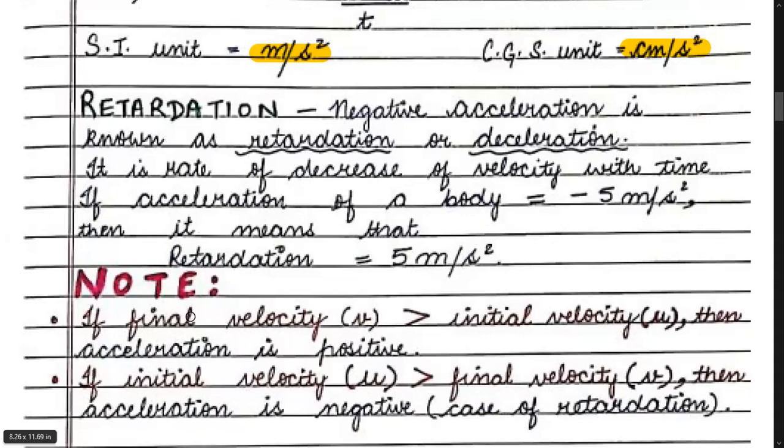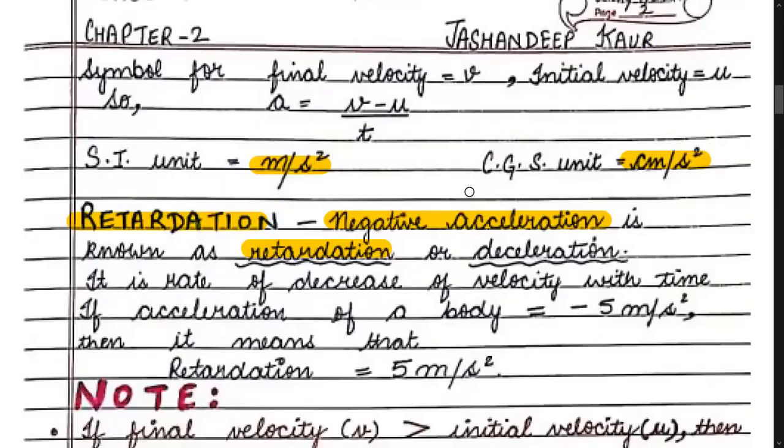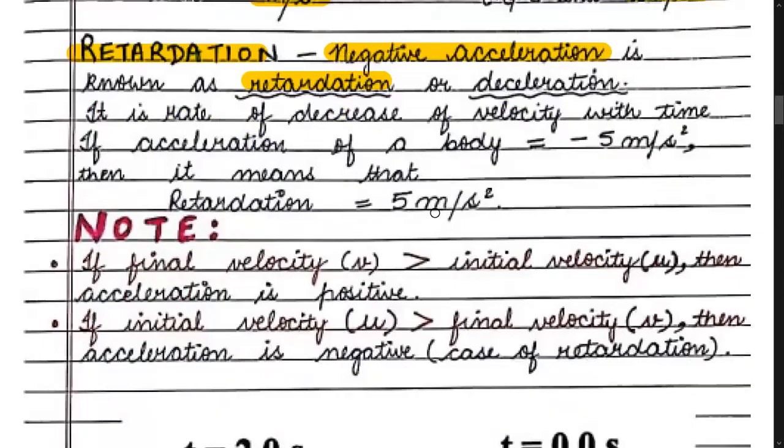Now comes the word retardation. Children, negative acceleration is known as retardation. If your acceleration comes negative, it means retardation. It is also known as deceleration.